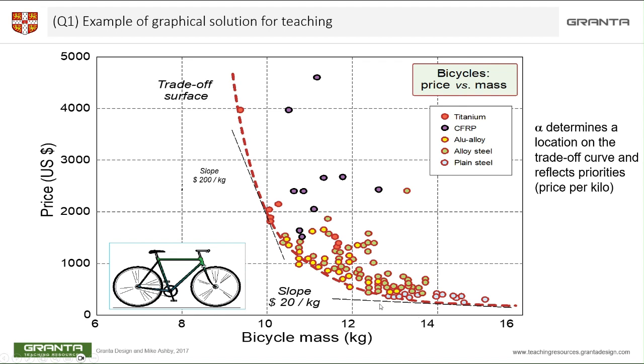So you can try to think about it in this way: to get 1 extra kg reduction in mass, if I am in this range, I will have to invest $200 more, isn't it?